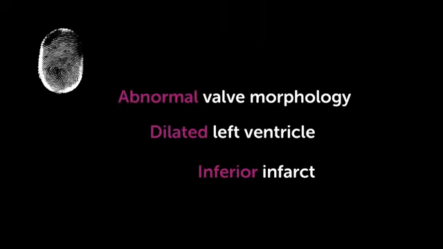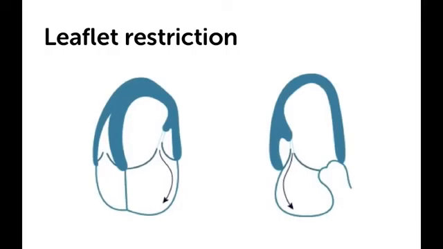There is one more suspect we need to talk about, and that is inferior or posterior myocardial infarction and coronary artery disease. Why is that associated with mitral regurgitation? Because the infarct causes distortion of the left ventricle, which in turn affects the subvalvular apparatus.